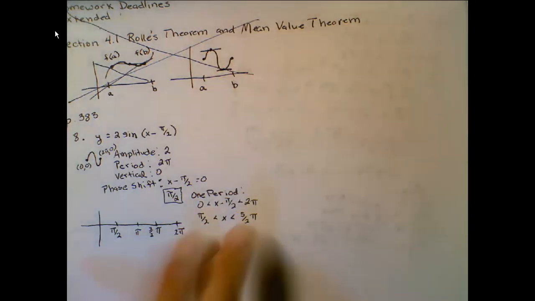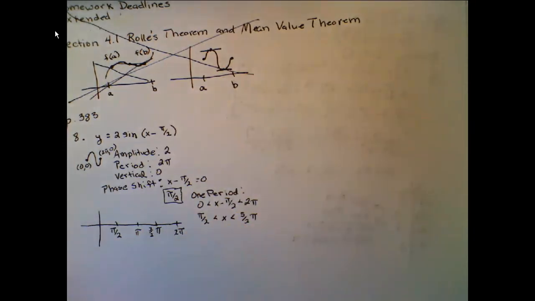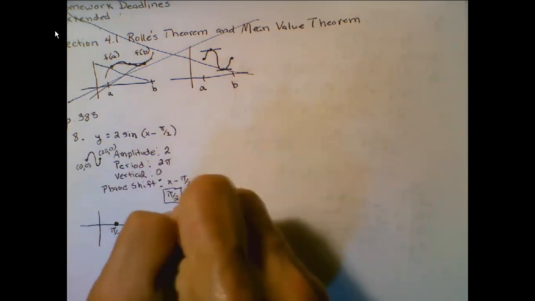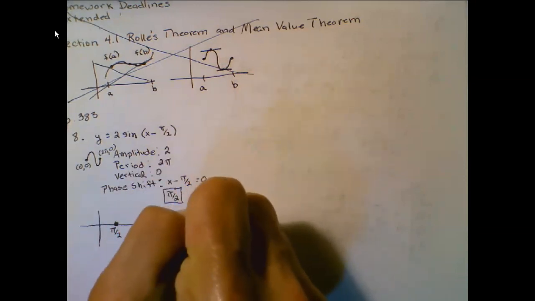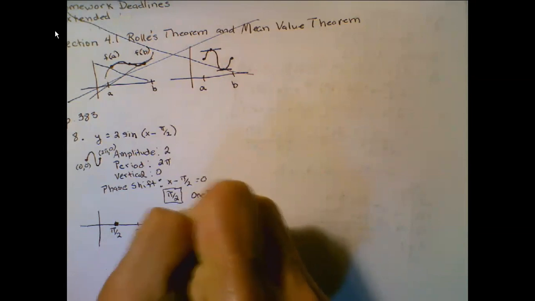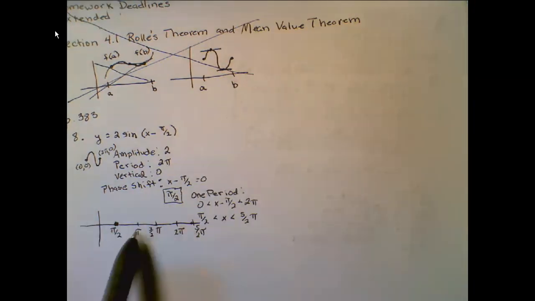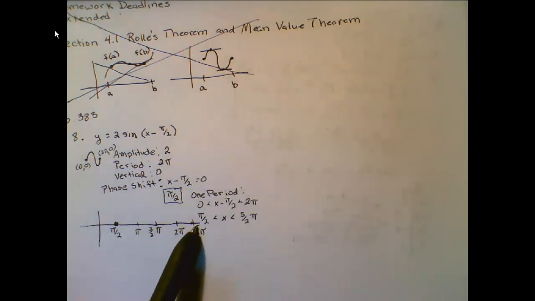That gives you the new endpoints of the period. The endpoints of this graph are going to be at pi over 2 and 5/2 pi. The y's are still 0 because this graph hasn't been shifted up or down. It's just been shifted to the right.